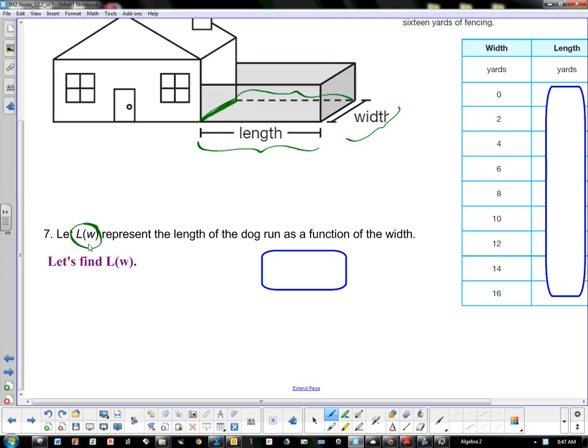We want to find this function L of W that represents the length of the dog run as a function of the width. You should by now be able to read that and know they want L of W is equal to, and whatever we get over here is going to have what in it? W. Because it's written in terms of W.